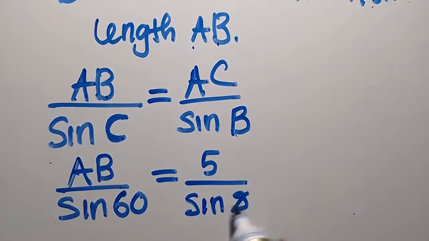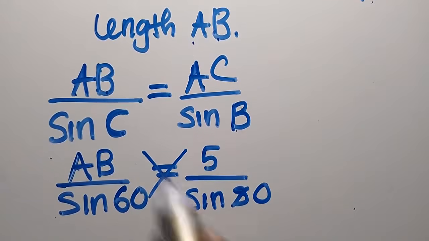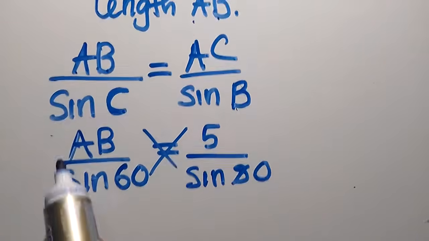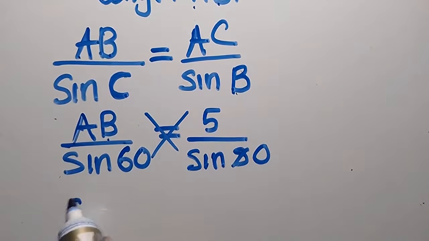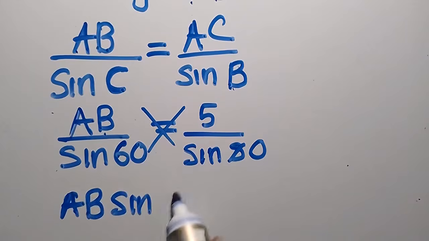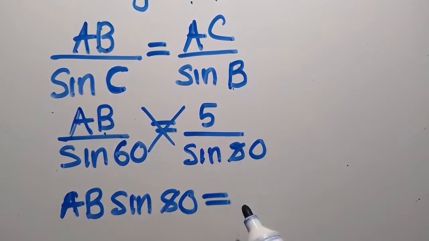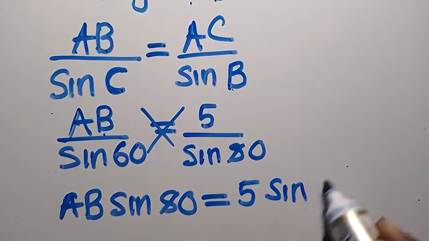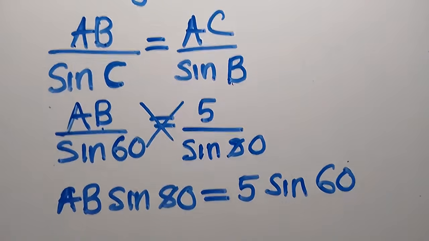So sine 8 like this. Then you cross multiply. So you say AB sine 8, which is equal to 5 sine 60.